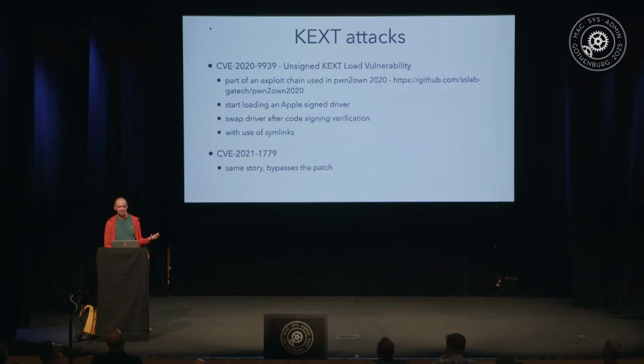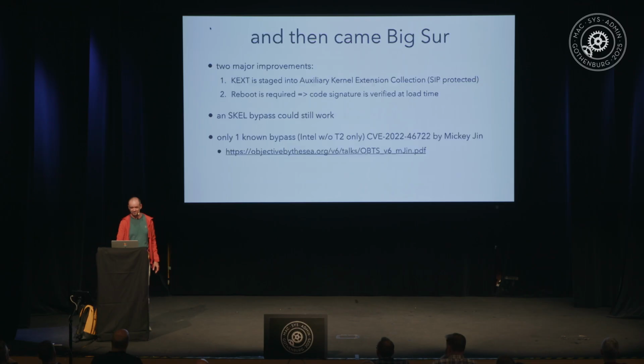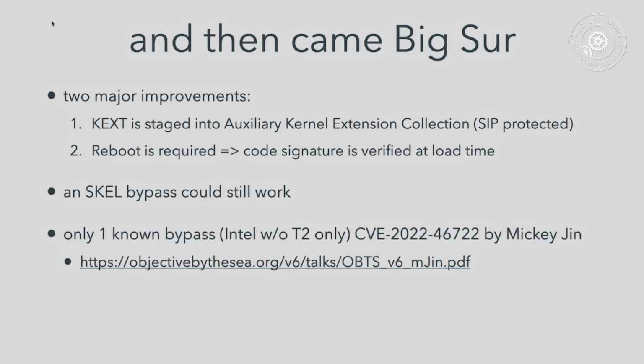And it seemed that these things are really hard to patch with the file system stuff, and it didn't seem that it would go away in the long run. So trying to bypass signature validation began to be an attack surface. And then came Big Sur and Catalina, and Apple did two major changes for the kernel loading process. First one was they staged all the kernel extensions into the auxiliary kernel extension collection, which was zip protected.